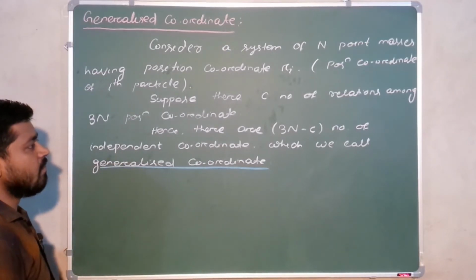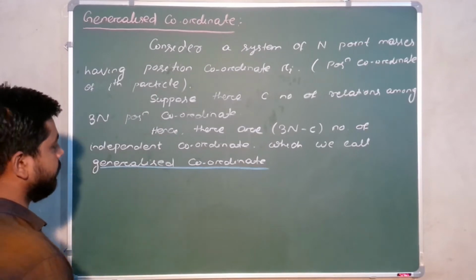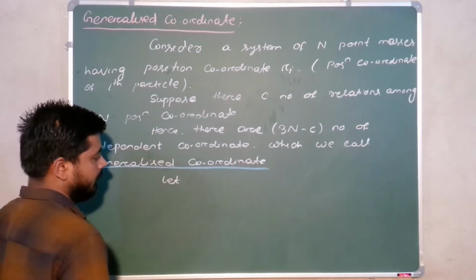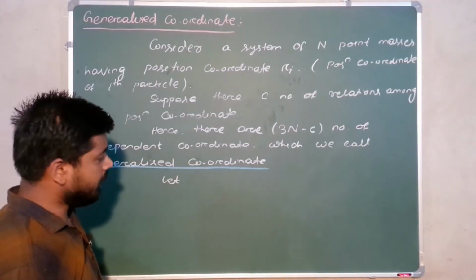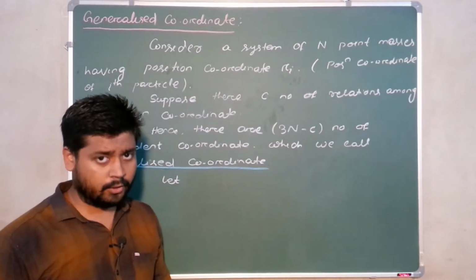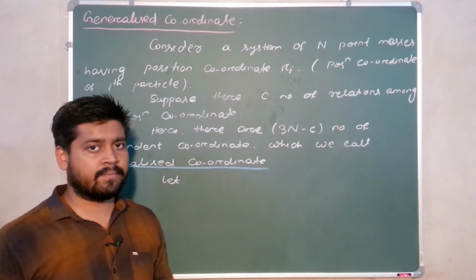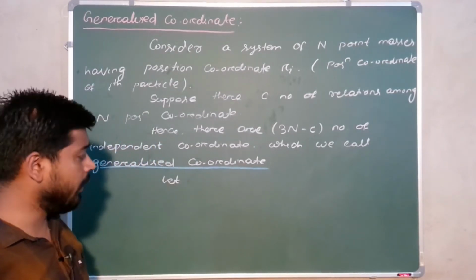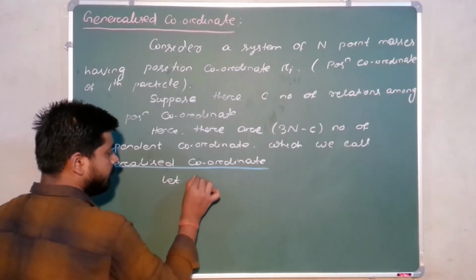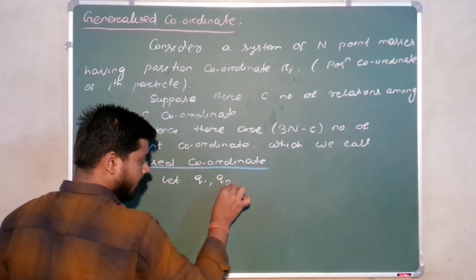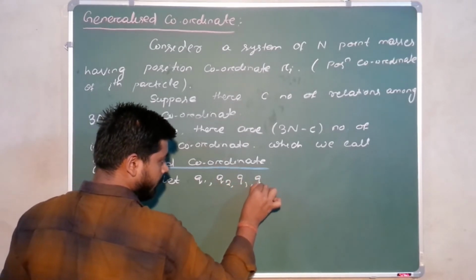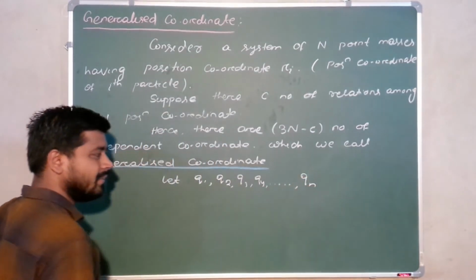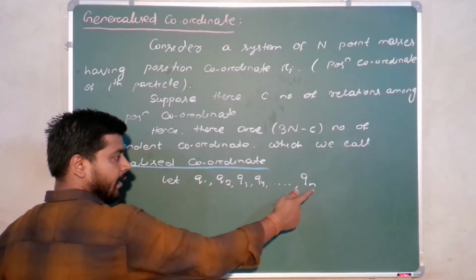Then how can you write this? In our Cartesian coordinate we have x, y and z. Yes or no? In cylindrical coordinate we have rho, phi and z. In spherical coordinate we have r, theta and phi. Similarly, in generalized coordinate, let us take the coordinates as q1, q2, q3, q4, and so on up to qn, from 1 to n.